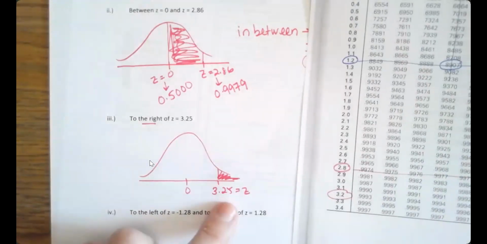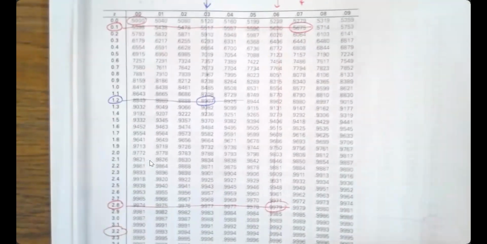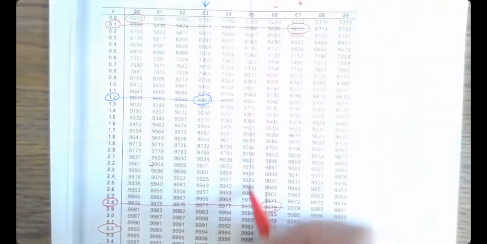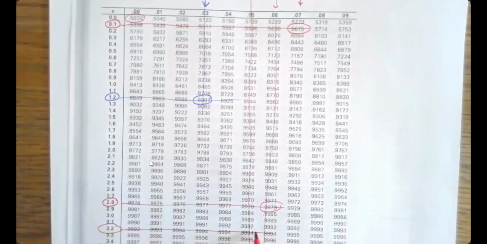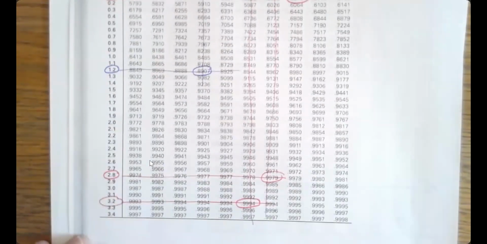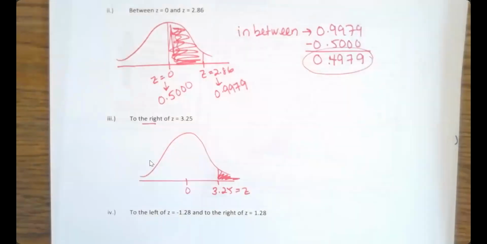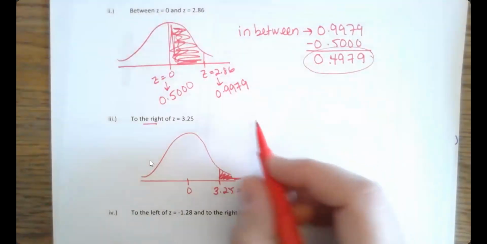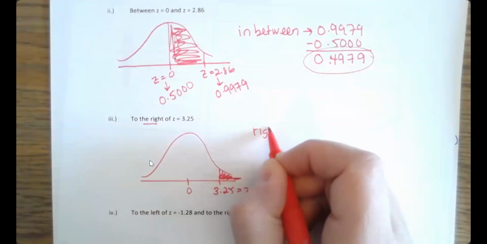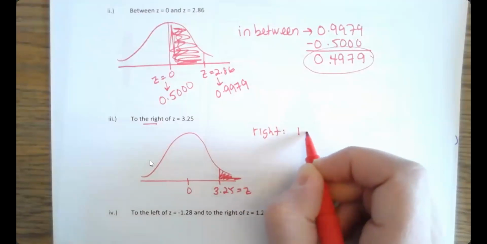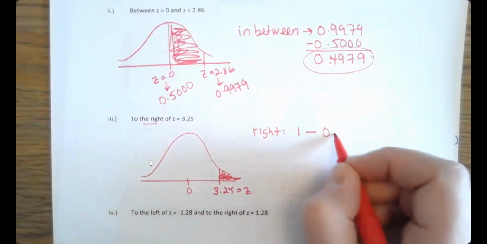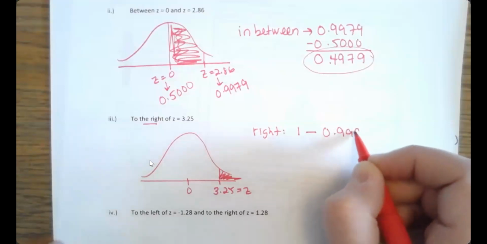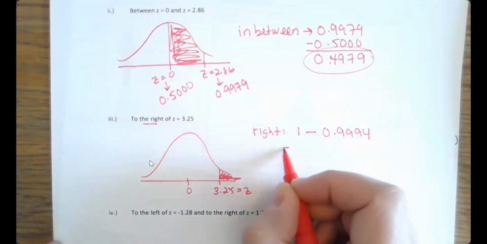And then I need the 5. So if I look at my chart, I'm going down this column right over here, and I'm getting 0.9994. Now, because it's to the right, don't forget we're going to subtract. We're going to do 1 minus that value. So 1 minus 0.9994.